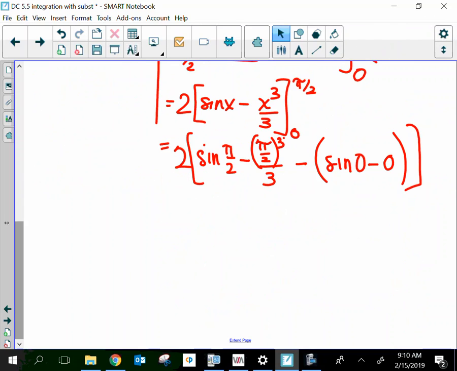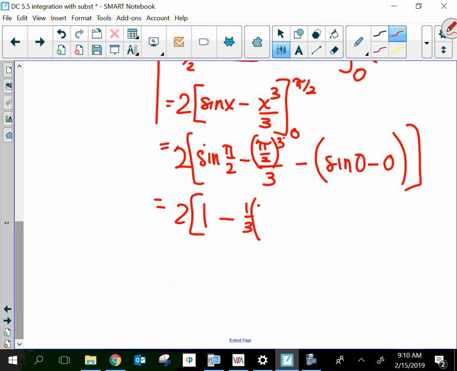All right. Now we're ready to do, what's the sine of half pi? 1? Yeah. Okay, so this is 1/3, and then pi cubed over, what's 2 cubed? 8. I just pulled this 1/3, it's right there. Okay, what's the sine of 0? 0, and so that's done. See how nice that was?